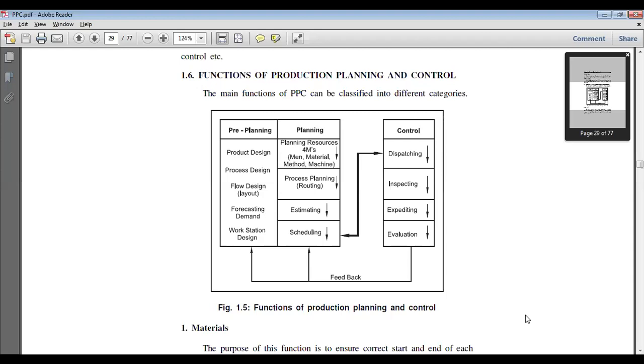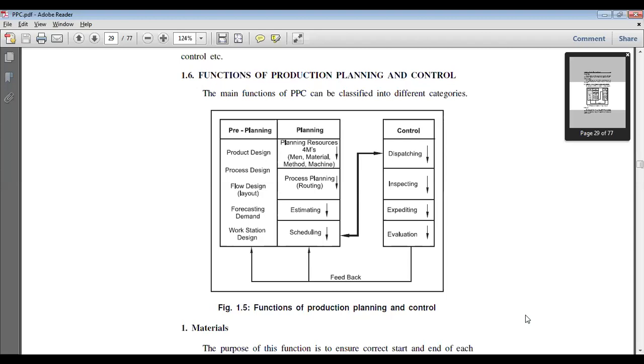So the pre-planning stage is the most careful stage, and brainstorming is required, and a lot of mind and thinking is put in the pre-planning stage so that the next two stages are smooth and there are less chances of failures, less chances of bad execution, and all these involve pre-planning. And the whole PPC depends upon the pre-planning, how much pre-planning we have put.